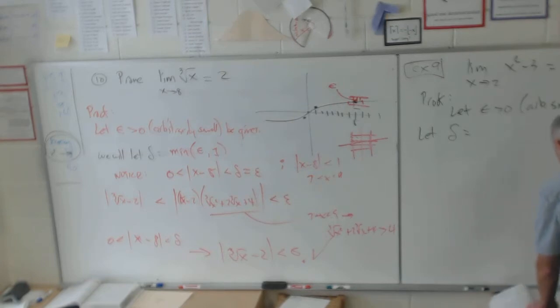Review exercise number 9. Okay, they do this on the side. They say we need, this is where I do a lot of proofs, we need |x squared minus 3 minus 1|, f of x minus 1, to be less than epsilon when I'm within delta of 2, right? That's what we need. You guys follow that?